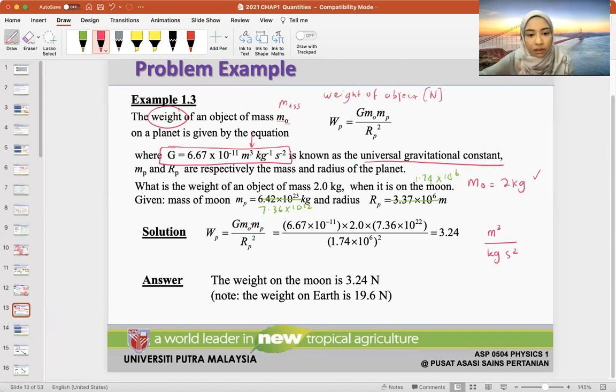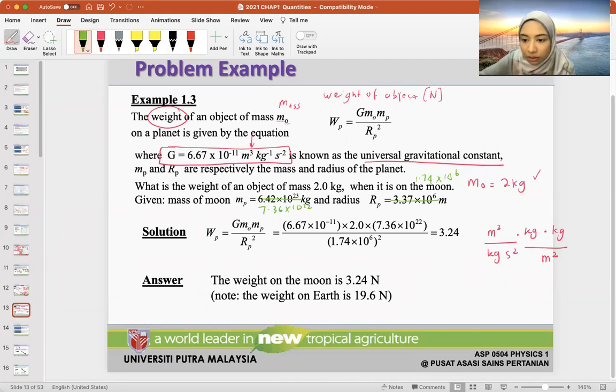Then we multiply with the mass of the object, which is kilogram. Straightforward. Then we multiply with the mass of the planet, which is also kilogram. Then we divide by the radius of the planet, which is in meter, but meter squared because we have the square here. So over meter squared.